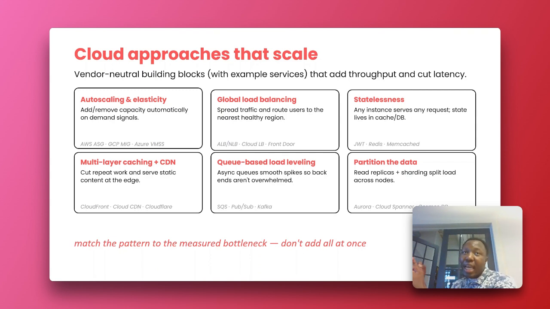But when you make it stateless, any machine can handle a request. The first request might go to A, and then if A is at capacity, you could route subsequent requests to instance B.